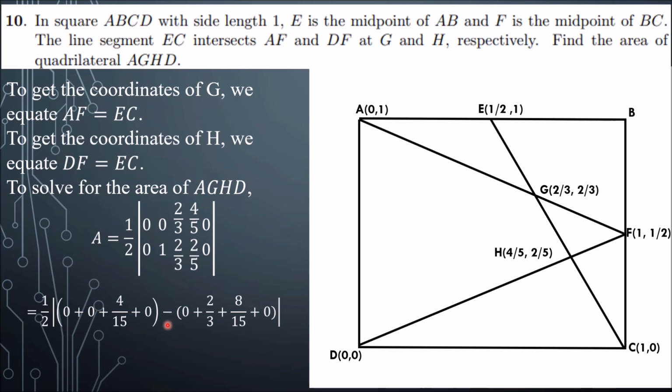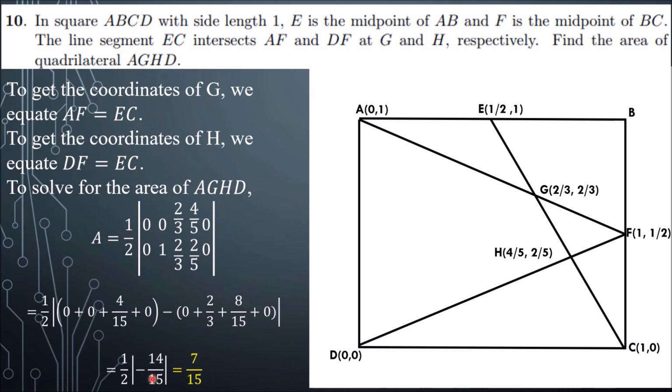Minus, so this is how we operate this formula. Minus 0 times 0, 0, 1 times 2/3, 2/3, 2/3 times 4/5, 8/15, and then 2/5 times 0, 0. So we'll add this and we will add this and then subtract.